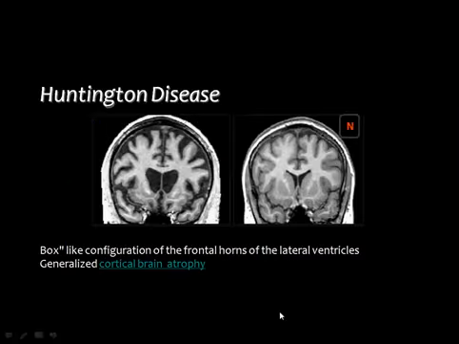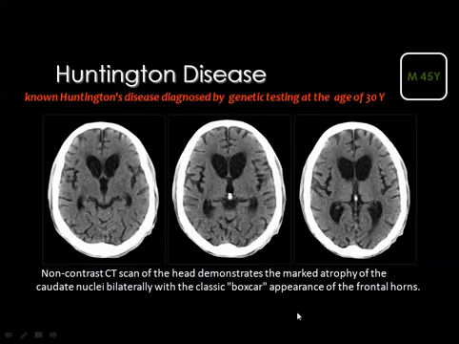Then this is the difference between the normal brain and the brain of Huntington disease, where you see the basal ganglia, especially the caudate, is atrophic, and the frontal horns of the lateral ventricles are considerably dilated.